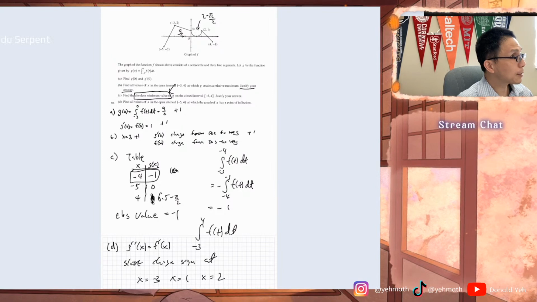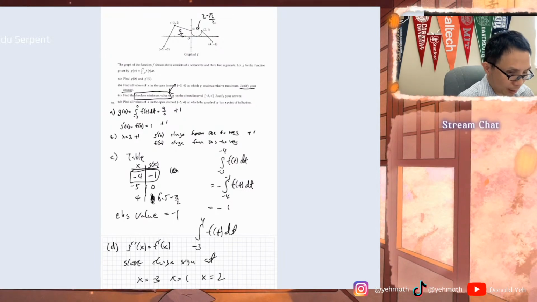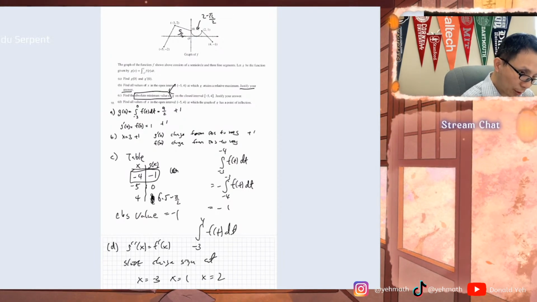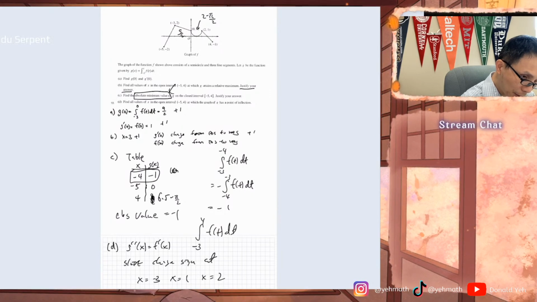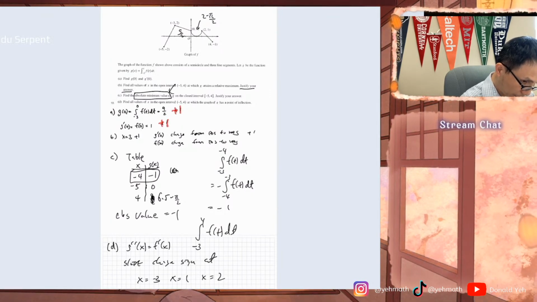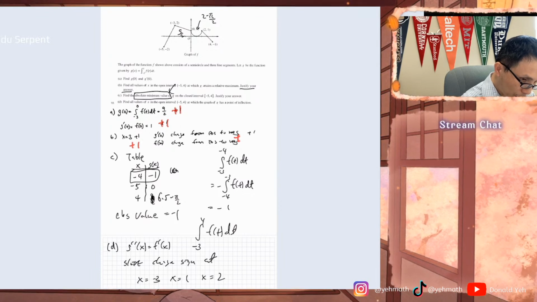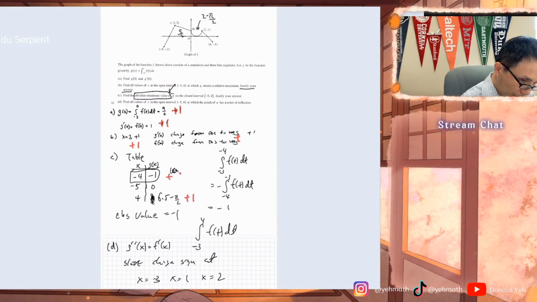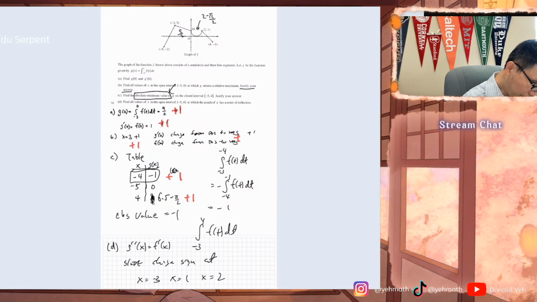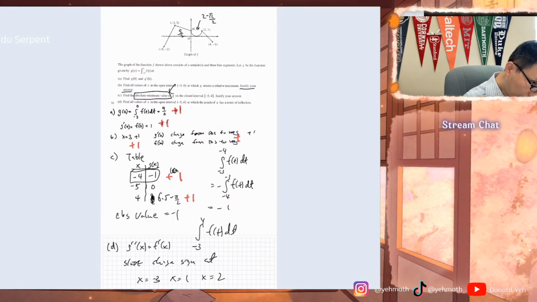Am I going too fast? It's understandable? Okay. So this is the actual AP exam. What are you going to get? You're going to get 1 point here, 1 point here, 1 point here, 1 point here, 4 points. 1 point here and 1 point here, I believe, and 1, 2, 3, 4.